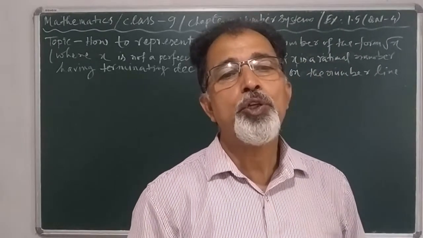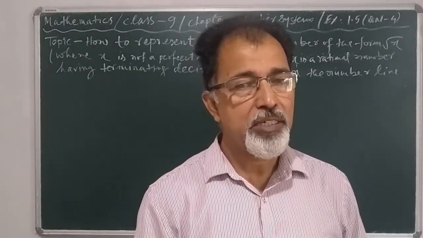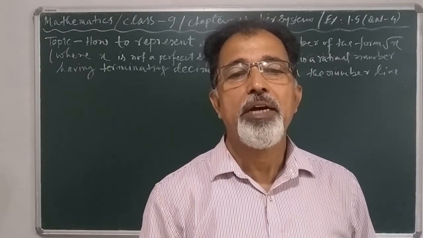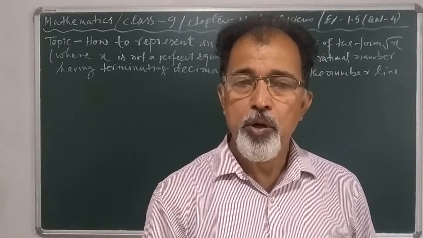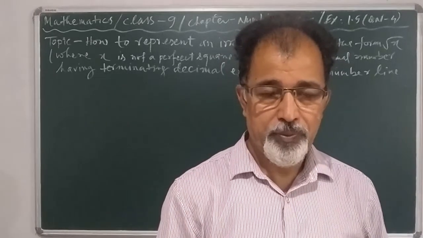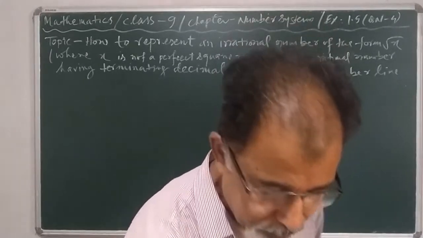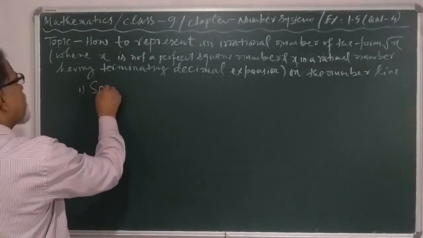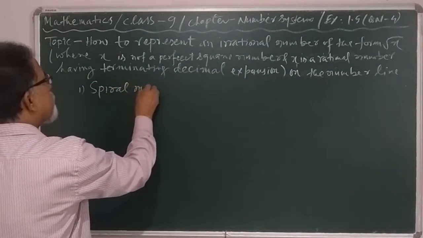We can use two different methods to represent an irrational number on the number line, and they are the spiral method.